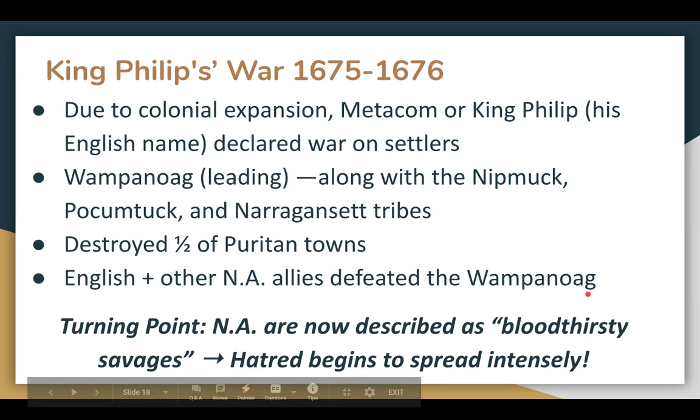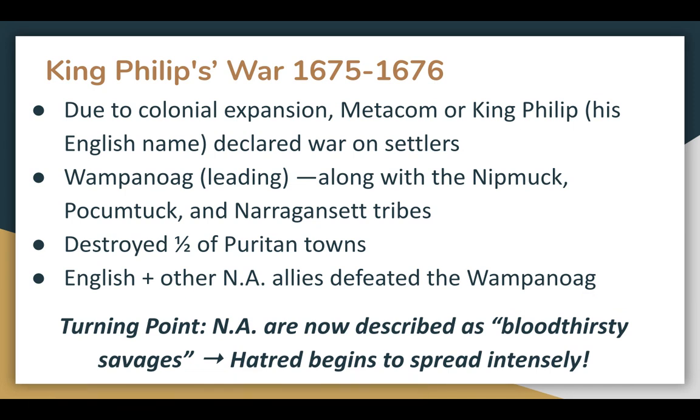But the meaning of this war, or why it's significant, is because when colonization is starting, you'll see in a different assignment that Native Americans had no idea what to think of English colonists. They didn't know if they could be friends, if they could work things out. They are foreign to each other, and they didn't really know how to respond to one another.